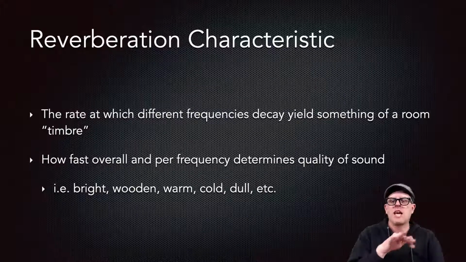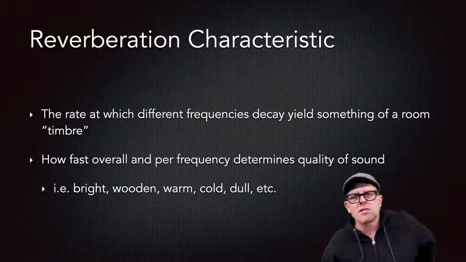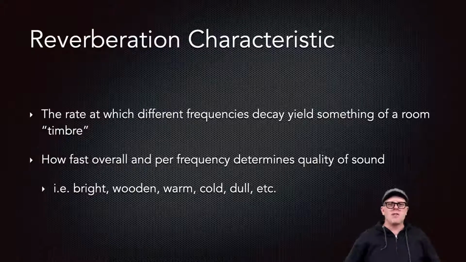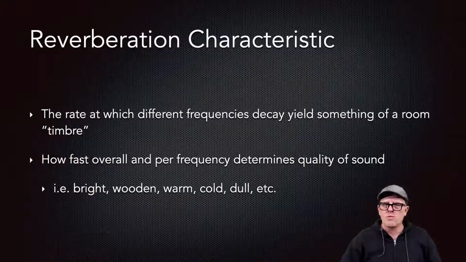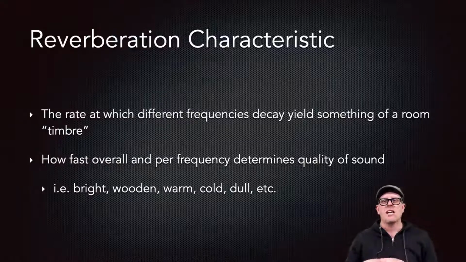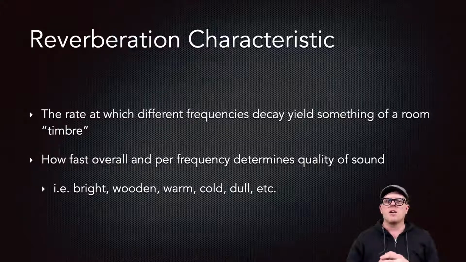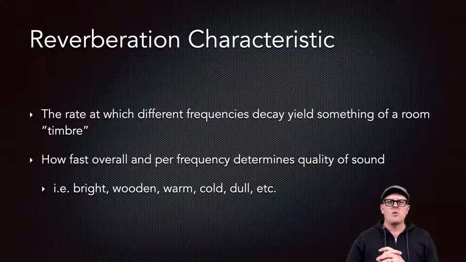Okay, so when we talk about things like reverberation characteristic, when I said the rate at which different frequencies decay yields something of a room timbre. Once again, rooms don't make that sound themselves, but they influence the sound in the rooms. If I were in a wooden room, for instance, wood absorbs sound at a particular frequency at a certain rate. It's like when we talk about color: something that's red is absorbing everything but red and reflecting red, and so we go, oh yeah, that's red. Well, wood is sort of the same thing.